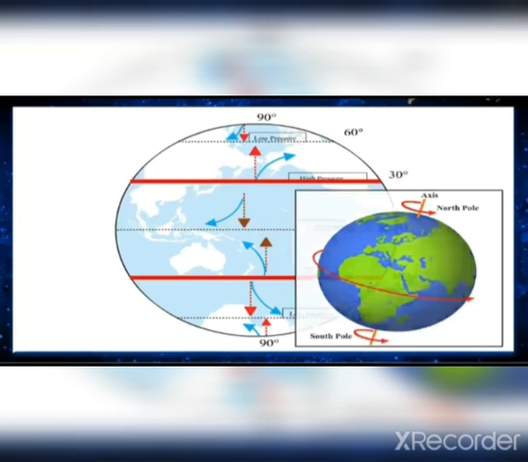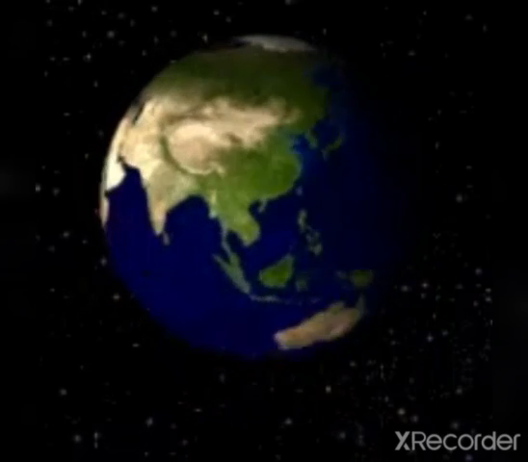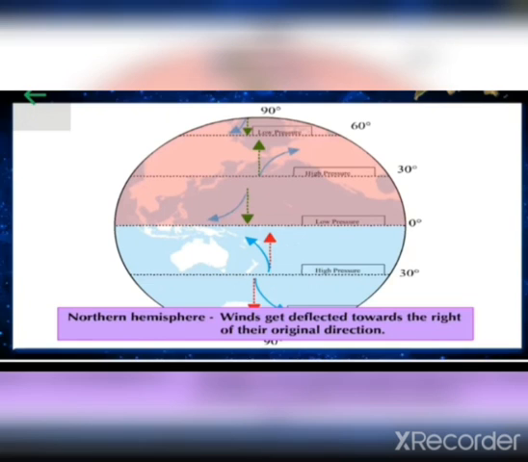Wind speed also varies. Varies means changes. Wind velocity is measured in the units of knots or kilometers per hour. When we consider the earth as a whole, we find the direction of the winds is influenced by the rotation of the earth.